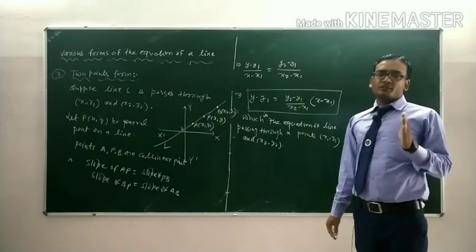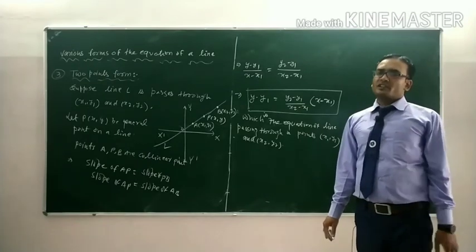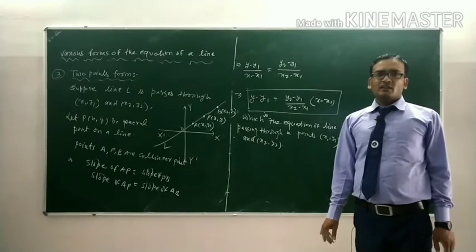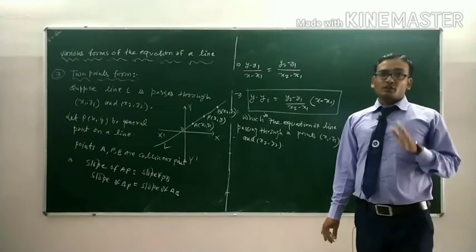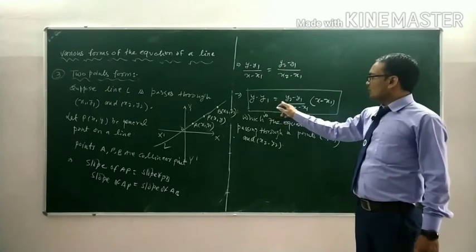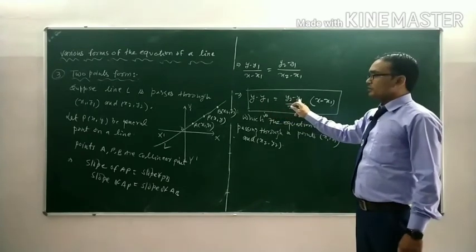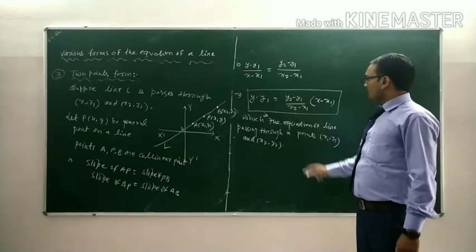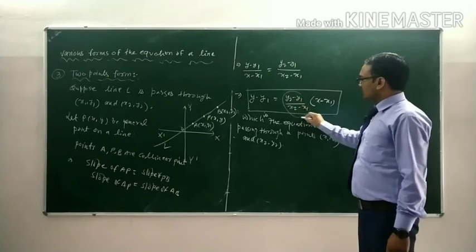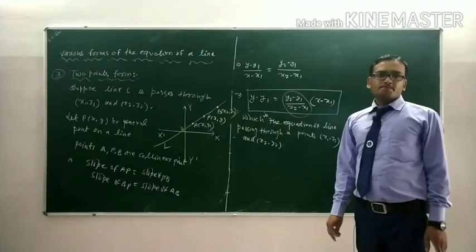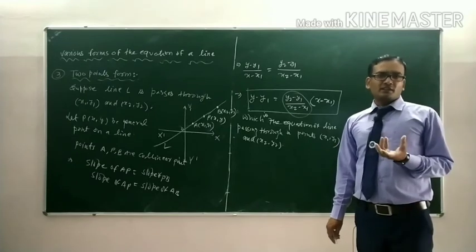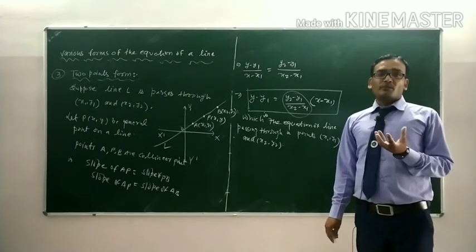If a line passes through two points, first x1 comma y1 and next x2 comma y2, then the equation of the line is y minus y1 is equal to y2 minus y1 upon x2 minus x1 into x minus x1. Here y2 minus y1 upon x2 minus x1 is the slope of the line.